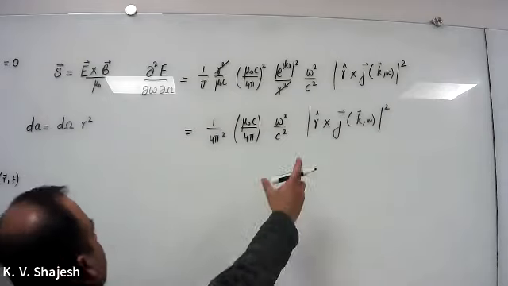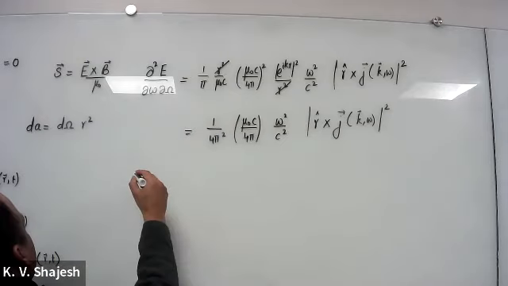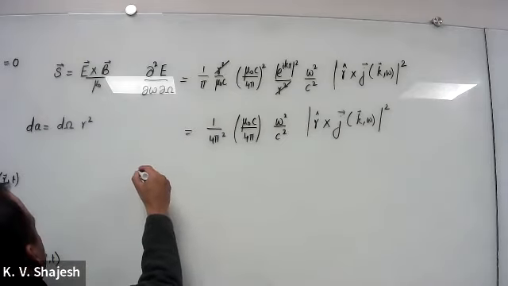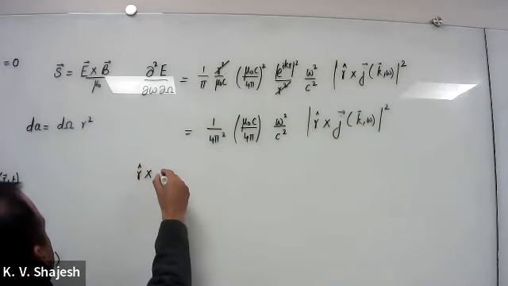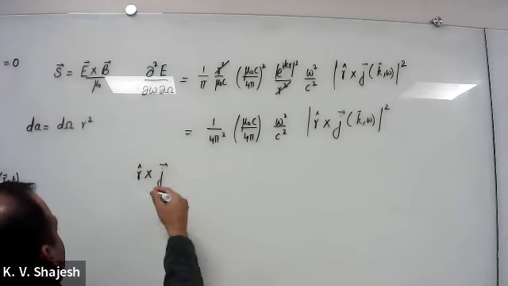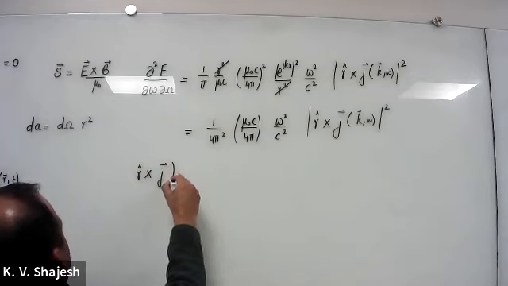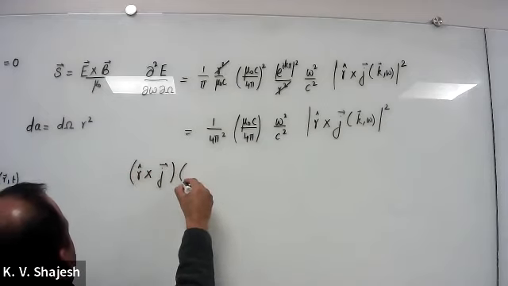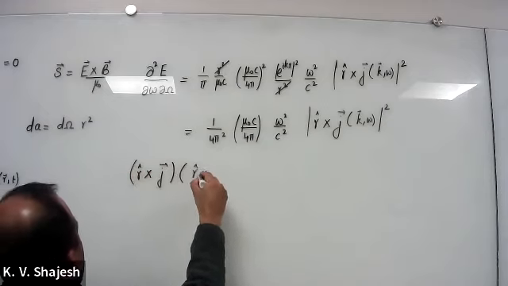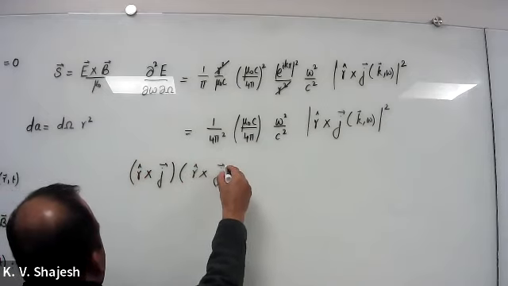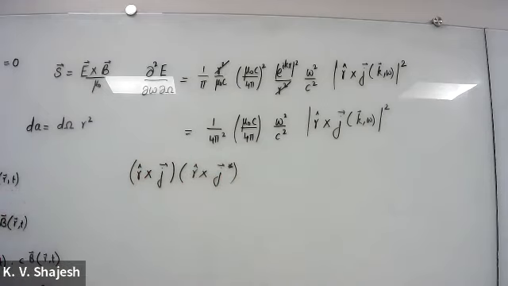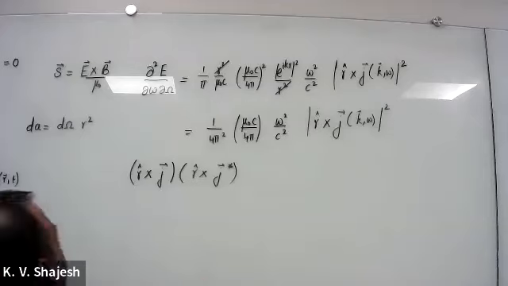It is good to observe that this is a cross product, and notice that r hat crossed with J, this is squared, so this is nothing but r hat crossed with J star. That's the 2 and dot.